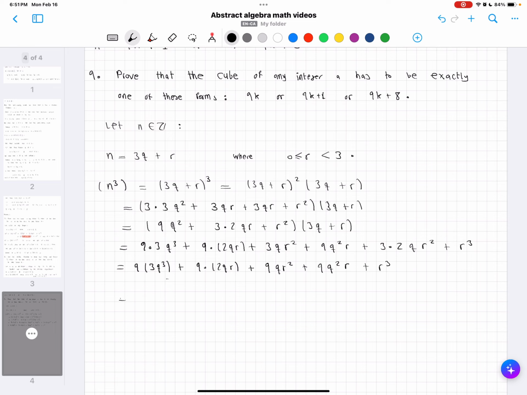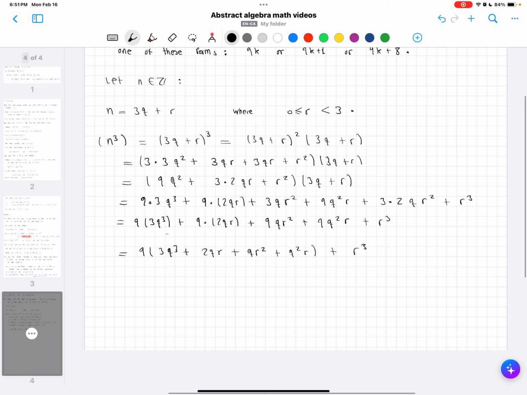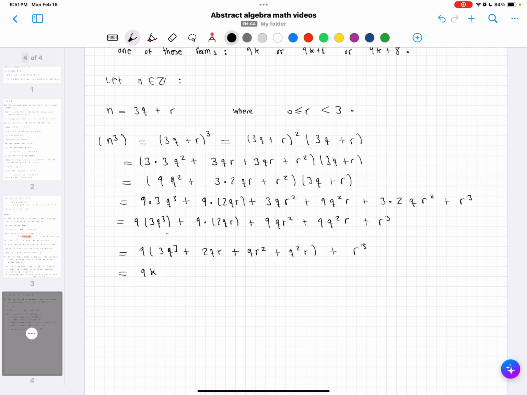So let's factor 9 out. So we have 9 times the quantity 3q to the power of 3 plus 2qr plus qr squared plus q squared r, plus r to the power of 3. We call the term that I will highlight in red k, and we have r to the power of 3.